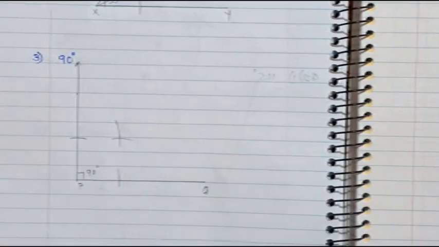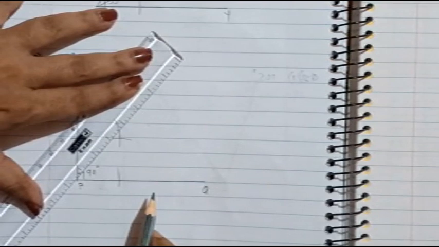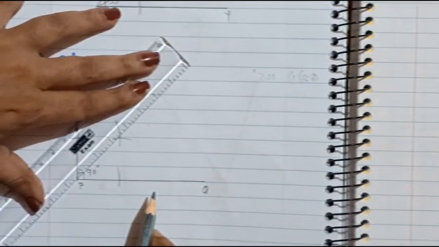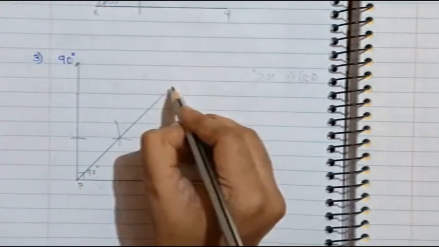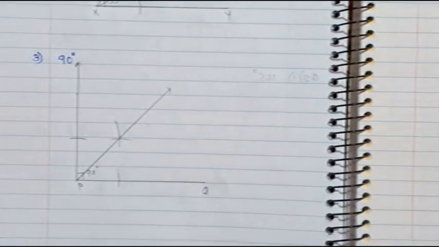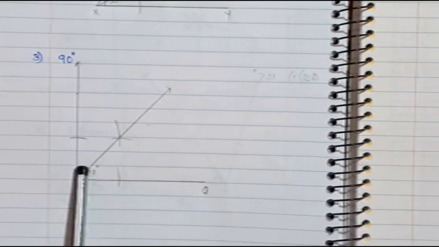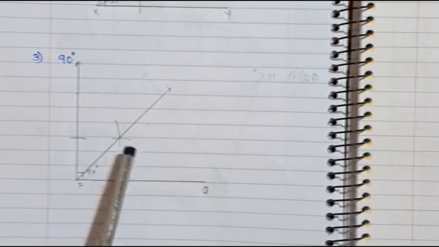And then I'll draw a line passing through that arc from the point P, that is, from the origin. So now students, this 90 degree angle I have divided into two parts. This right angle I have divided into two parts.